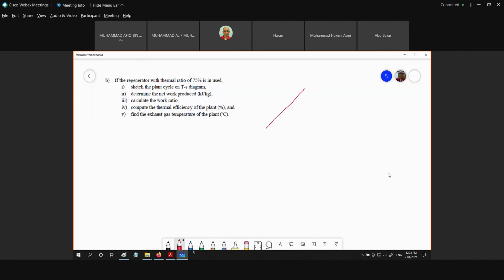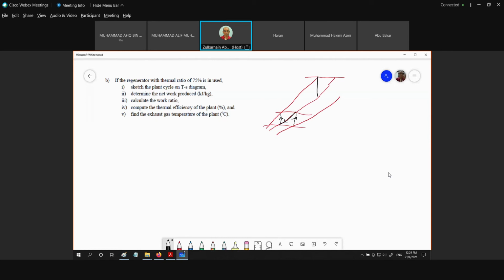This is our overall pressure ratio. This is our intermediate pressure. So what we have right here: this compression process, intercooling, second compression.